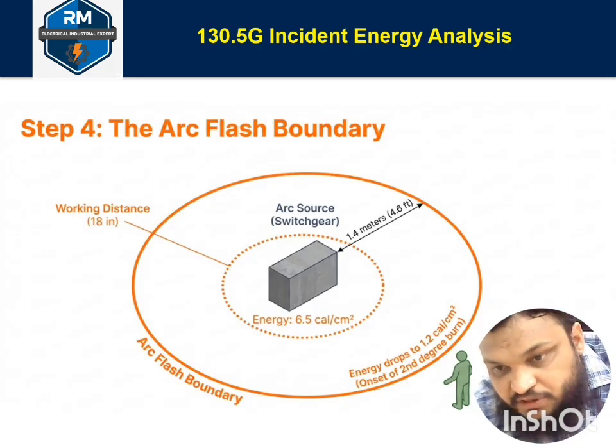So this is the region where the person or the electrical technician is going to work and has to wear and select the arc flash PPE. Outside this region, the person is declared to be safe and is outside the region of hazardous electrical or arc flash energy.